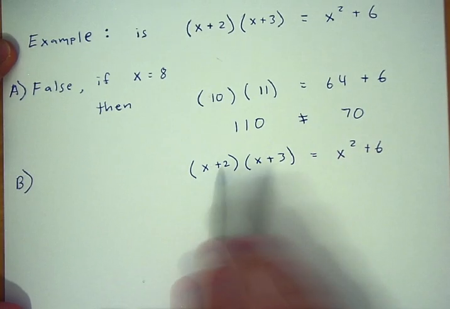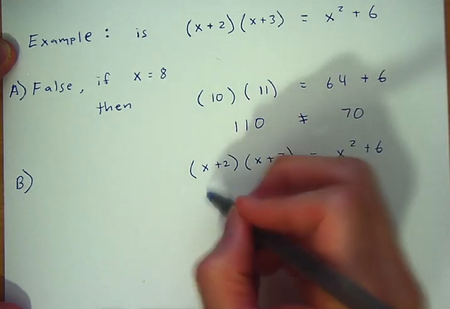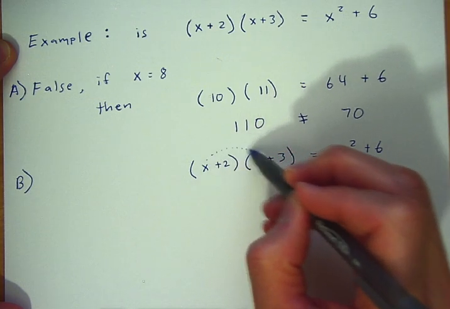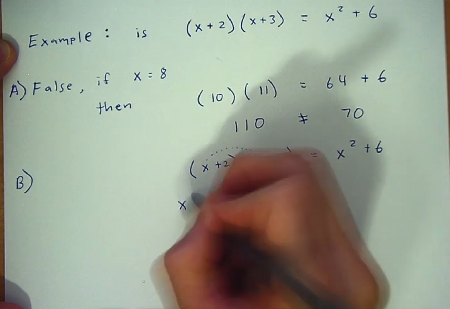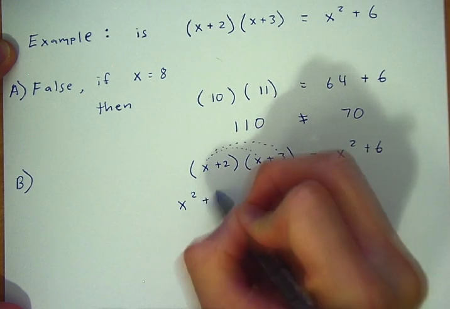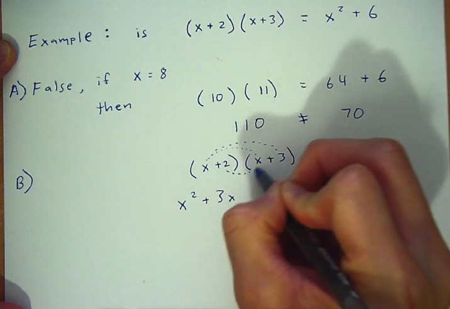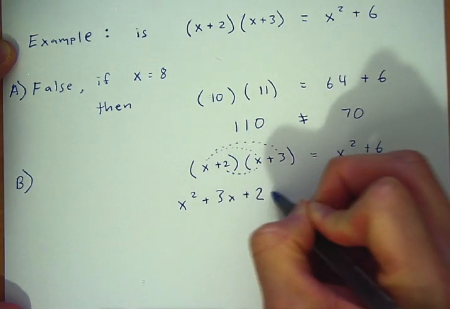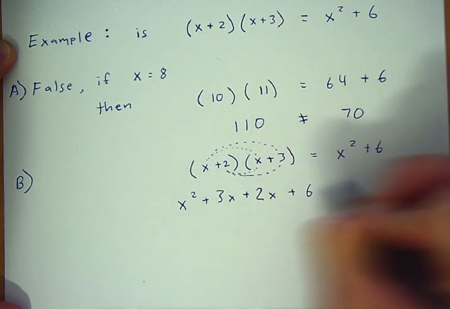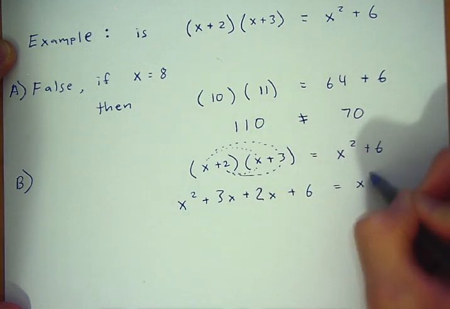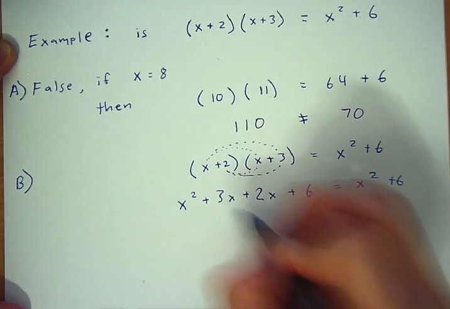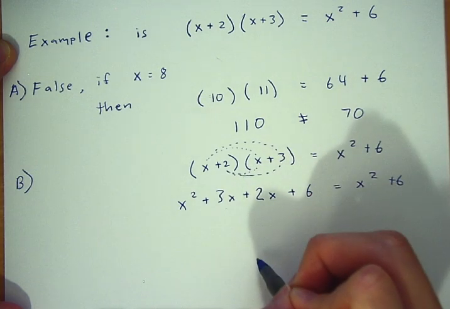So I can multiply this out, and this will equal x times x squared, x times 3, 2 times x, 2 times 3. I will combine my like terms. I'll combine my 3x with my 2x.